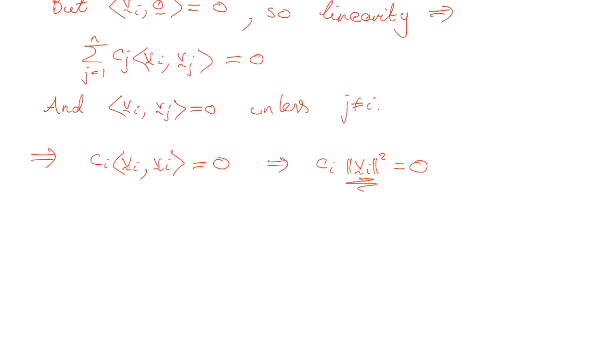If we didn't demand that all of our vectors were non-zero, we still couldn't learn anything about the Ci's, because maybe it's the length of VI squared that's sending this thing to 0. But if we demand that none of our vectors are 0, then it has to be that the Ci is 0. By assumption, none of the VI's are 0, so the Ci has to be 0, and that holds for every single Ci. So we have an independent set.